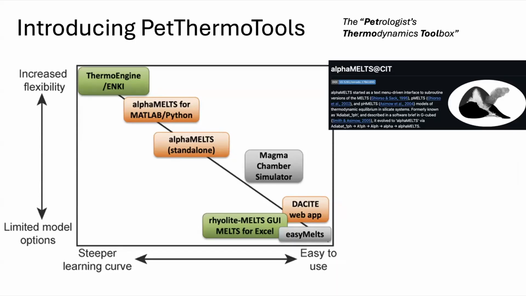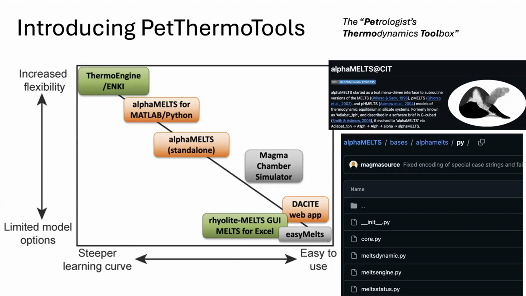This was developed, I believe, Paul can correct me if I'm wrong, initially back in 2005, and has been developed in various steps since then. One of the most exciting steps for me was the release, I think in 2018 or 2019, of alphaMELTS releases for both MATLAB and Python. And it's this Python release that I've been working with mostly over the last few years.